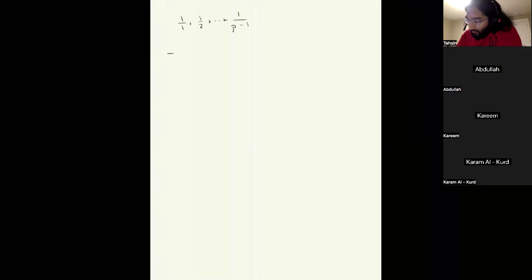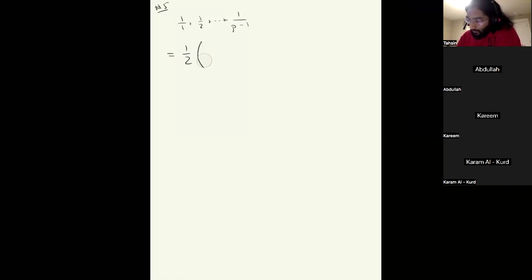So we just do some manipulations on the fractions, and we pair up k and p minus k. It would be easier to just multiply everything by 2.